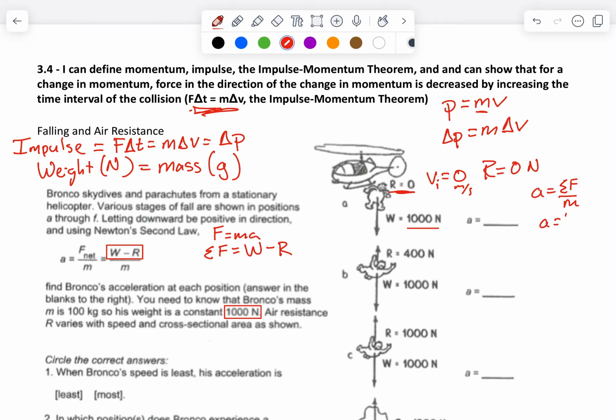Acceleration is equal to weight minus air resistance force divided by m. So weight is 1,000. The air resistance force is 0, and that's divided by his mass, which is 100 kg. And so we see 1,000 newtons divided by 100 kg gives us 10 meters per second squared.